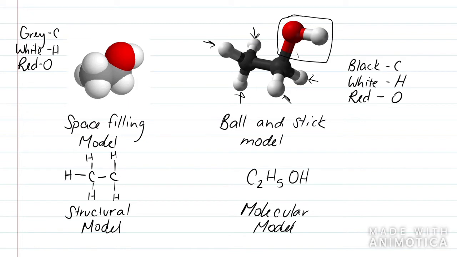And our last one is O and then H. So the only thing this is missing is those pair of valence electrons that are on the outside. But we wouldn't necessarily draw those in a structural model. We may not even show the OH as separate things. We might just show it as OH to show that it's a hydroxide molecule. But all 4 of these things show us the same thing, which is our C2H5OH.